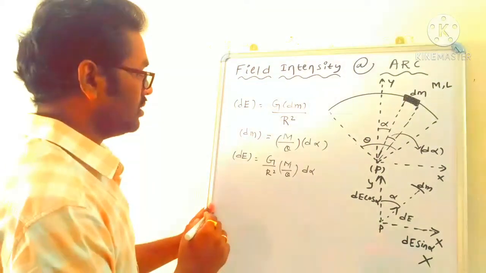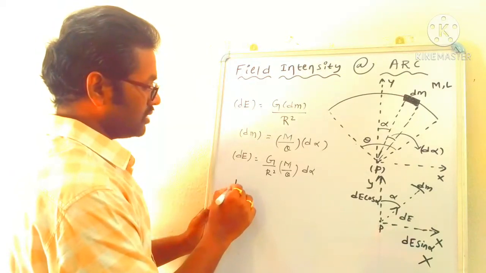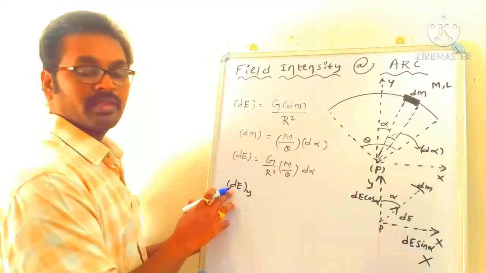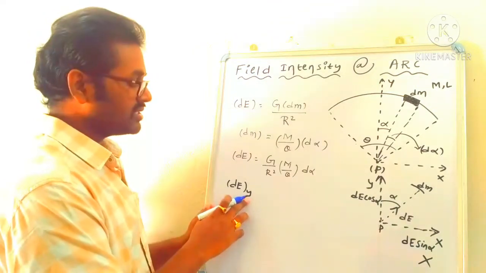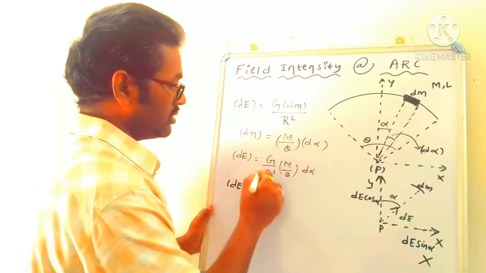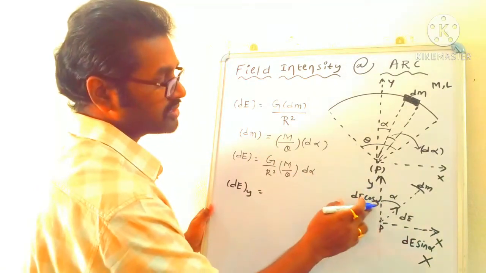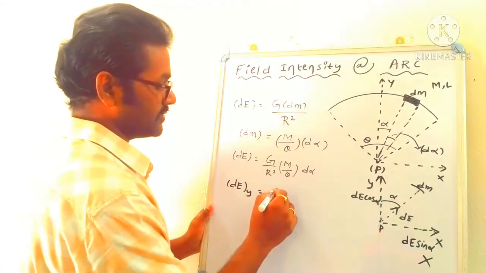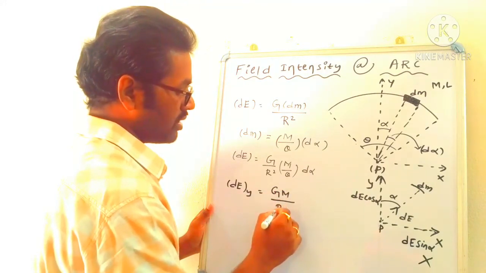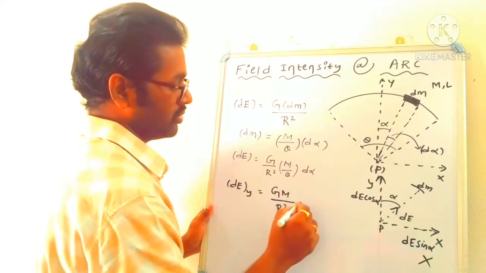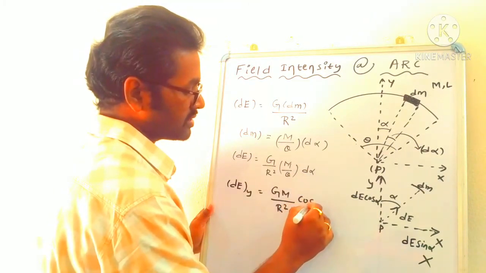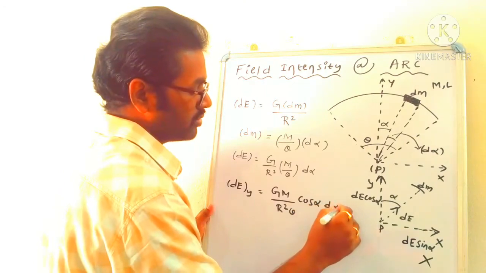Let us see. To find dEy, which means the gravitational field intensity along the y-axis, which is equal to dE into cos alpha. There you can write Gm divided by r square theta into d alpha, so you can write it as cos alpha into d alpha.